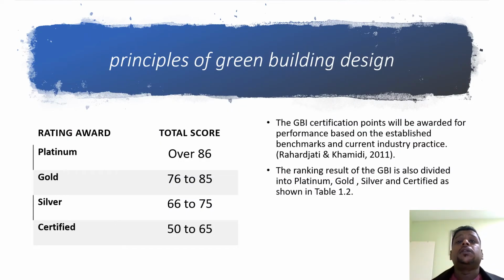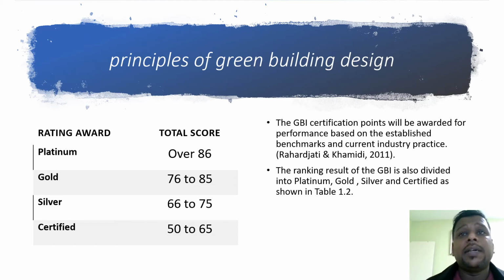So for the Green Building Index in Malaysia, certification points will be awarded for performance based on the established benchmark and current industry practice. The ranking result of the GBI is divided into four.